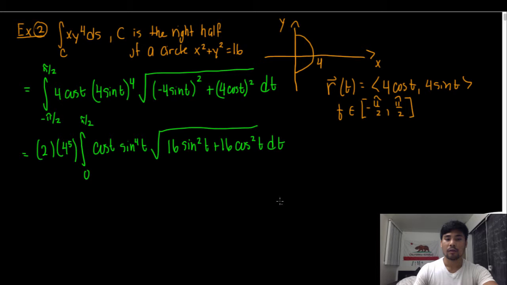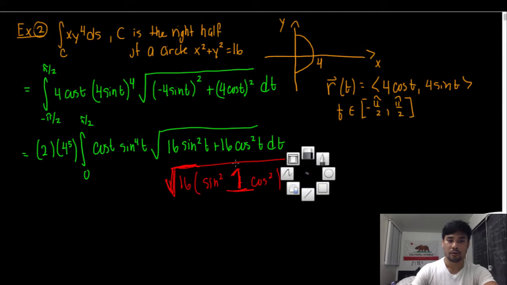And notice how if we factor out 16 inside the square root function, we'll have a sine squared plus a cosine squared, and you should know that should be a big fat 1. So we end up with just the square root of 16 here, which is 4.